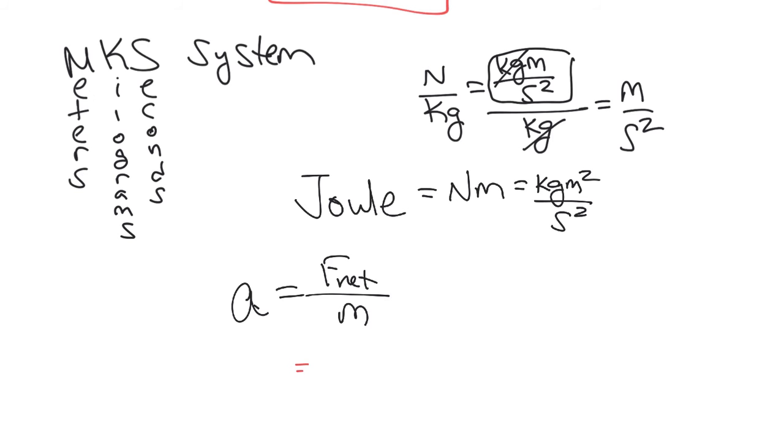What should acceleration have units of? Meters per second squared. Our net force is in newtons, and mass is a kilogram. So meters per second squared is Newton per kilogram.